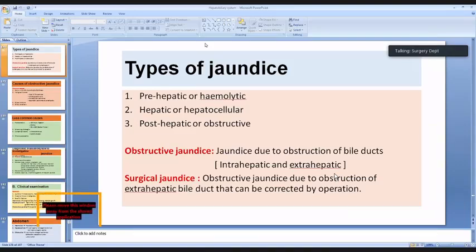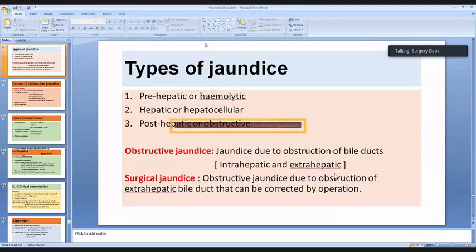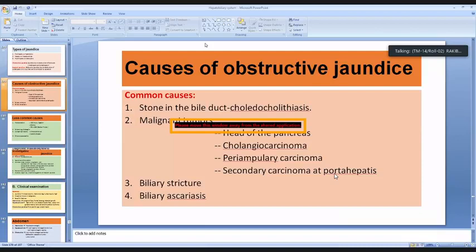So obstructive jaundice and surgical jaundice are not 100% synonymous. Obstructive jaundice includes all of the causes of obstruction, whether in the liver or outside the liver. But in surgical jaundice, the obstruction is outside the liver, in an area where it can be corrected by some sort of surgical procedure. So this is surgical jaundice.